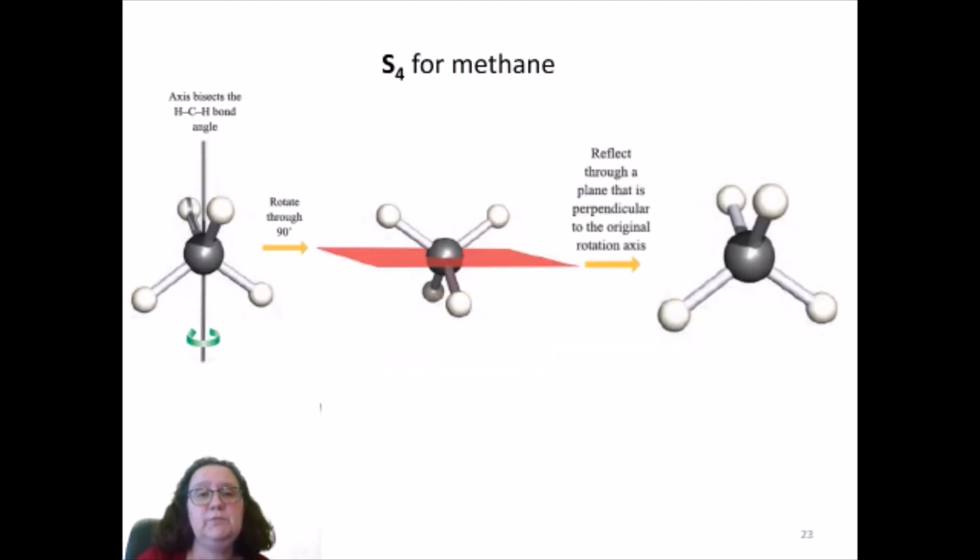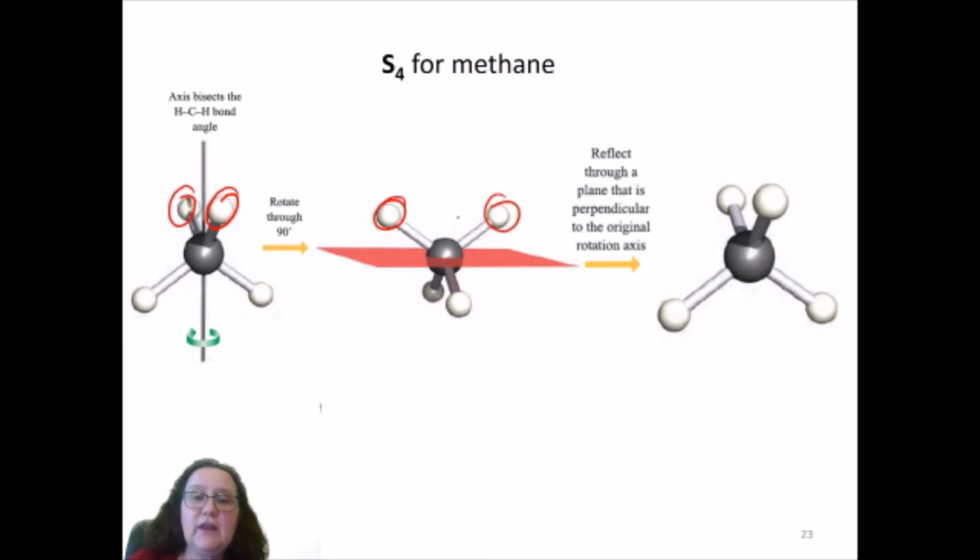So what do we mean by that? Imagine, for example, the molecule of methane, and think of an axis that goes through the carbon and bisects the hydrogen-carbon-hydrogen bond angles. If you rotate the molecule through that axis 90 degrees, these two hydrogens here now become these two ones.